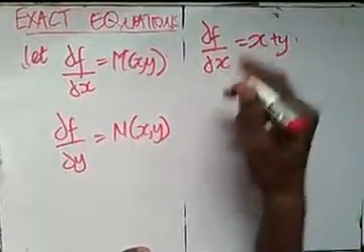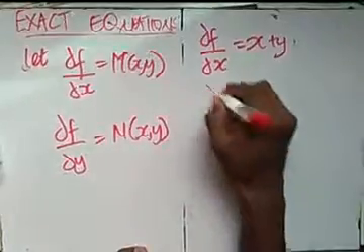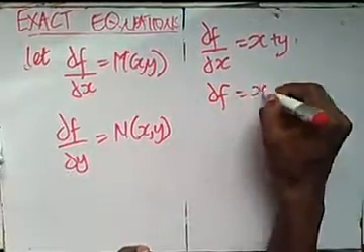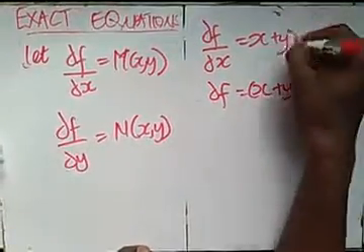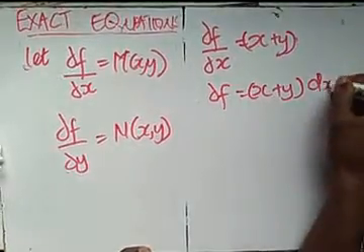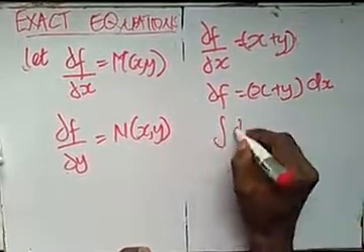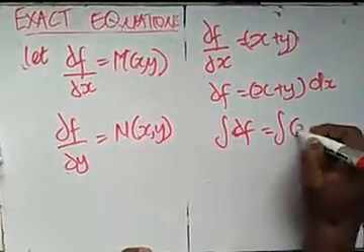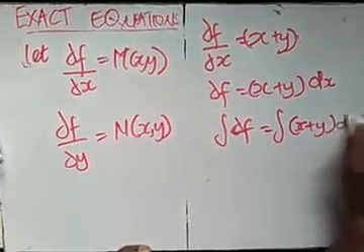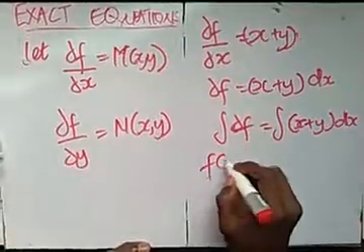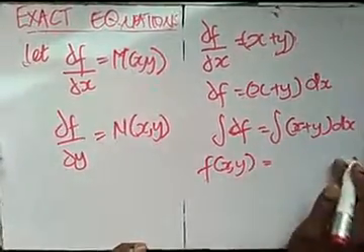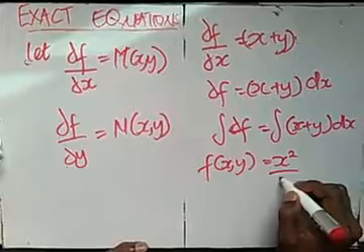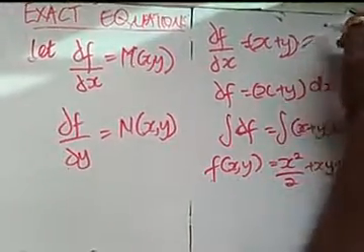So multiplied through by dx, we obtain df equals (x plus y) dx. So we apply our integral form and we obtain f(x, y) equals x squared over 2 plus xy. This is for M.